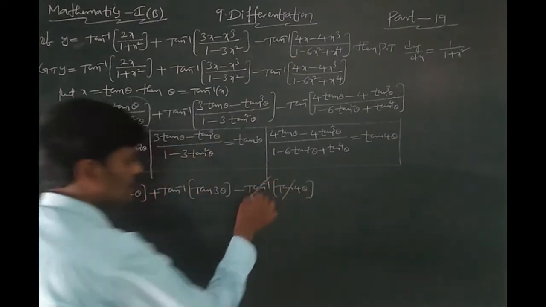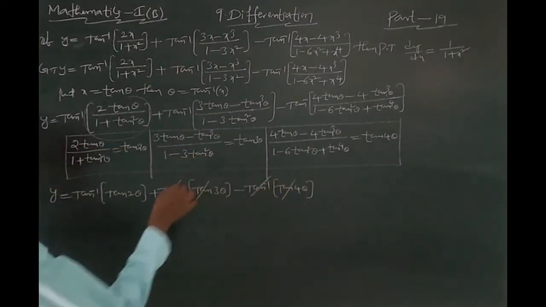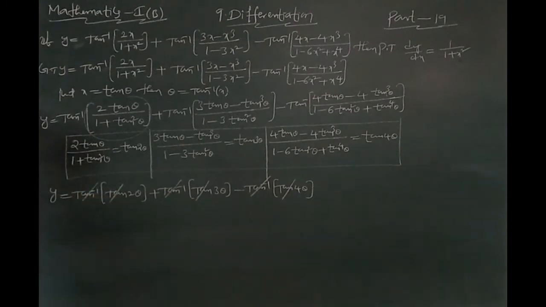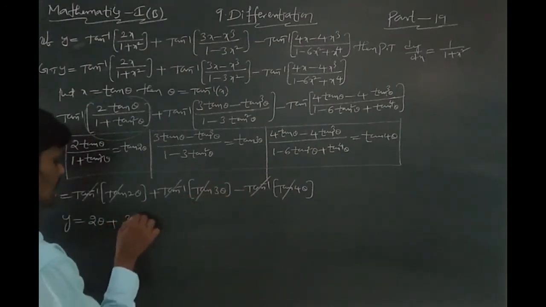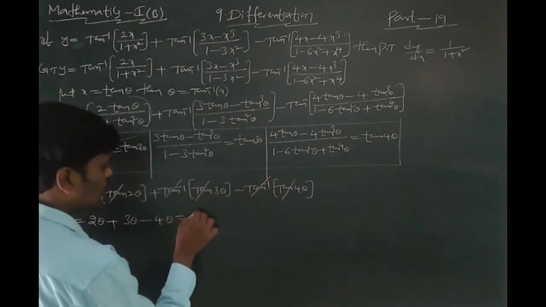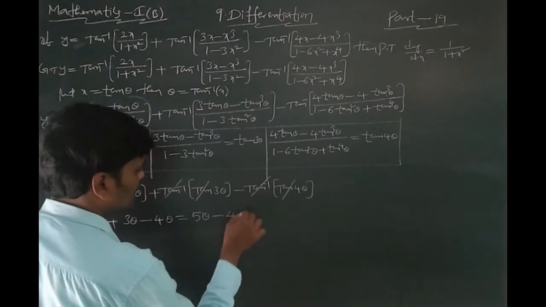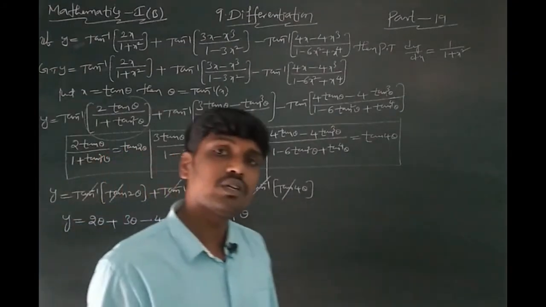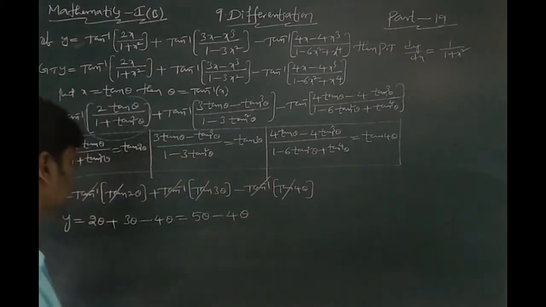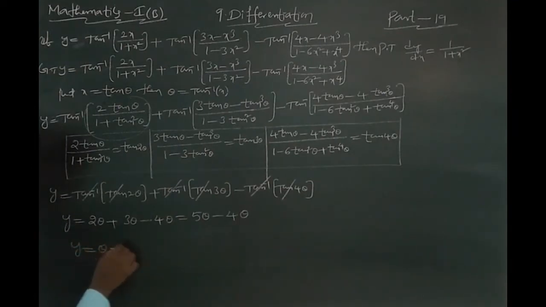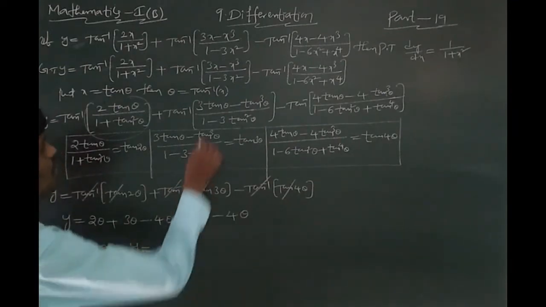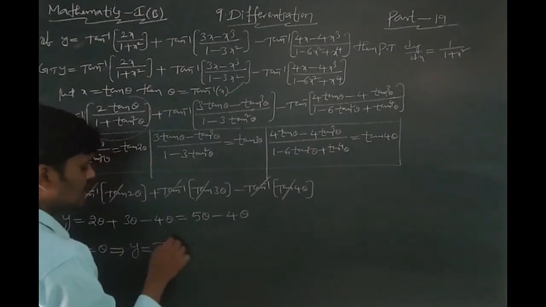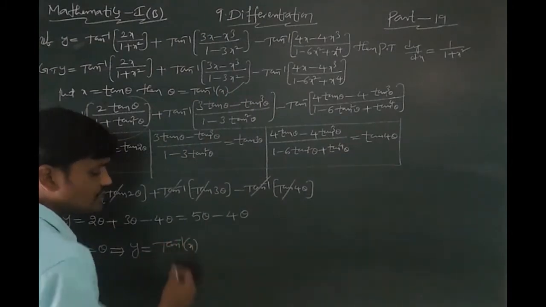Here tan inverse cancels with tan in each term. Remaining, y is equal to 2 theta plus 3 theta minus 4 theta, which is 5 theta minus 4 theta, how much? Theta. What is the value of theta? Theta value is tan inverse x.